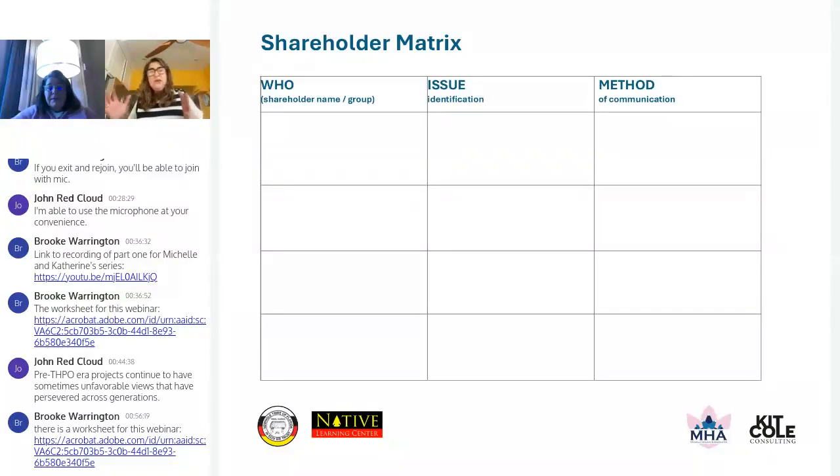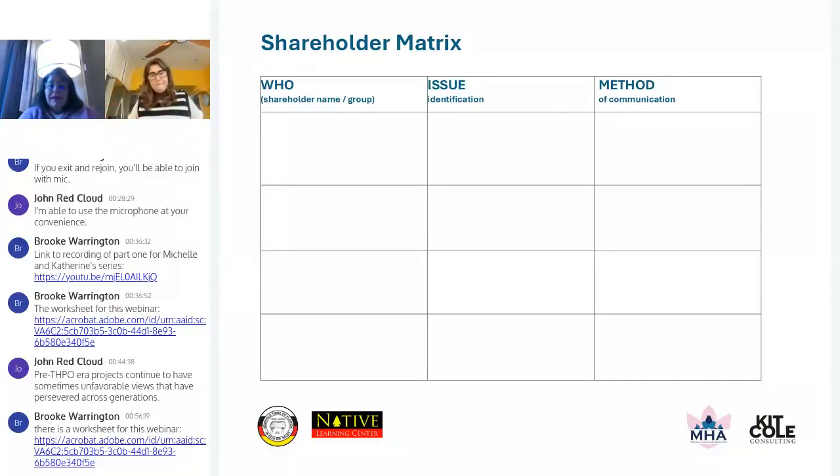So we use this on every project, and we're really happy to share it with you. And we have found it to be so helpful in terms of not just tracking who cares about a project, but specifically what their issue is, because folks inside the tribe, folks outside the tribe may have different issues with your project.